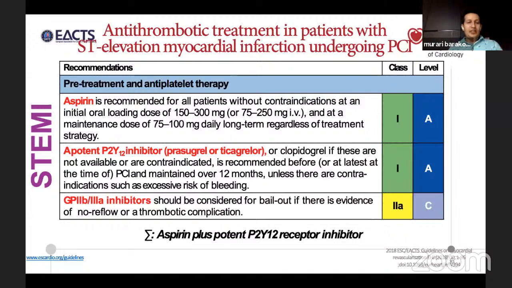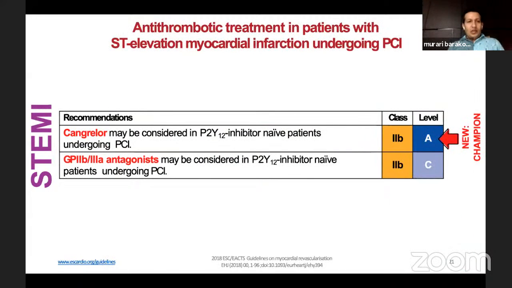Then again, GP2B3A as routine therapy is not recommended, only as a bailout. And in a case who has not received a P2Y12 inhibitor beforehand, they can be given either cangrelor or GP2B3A as a 2B indication.